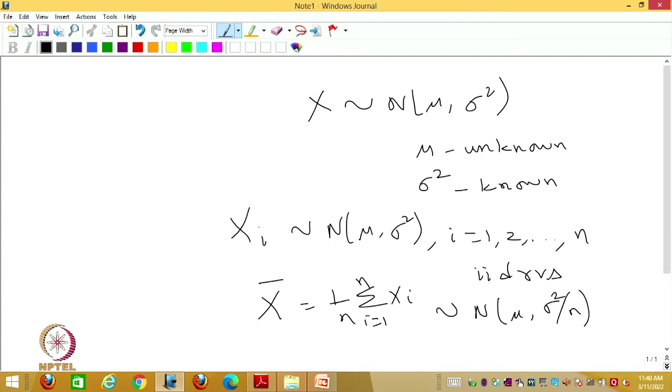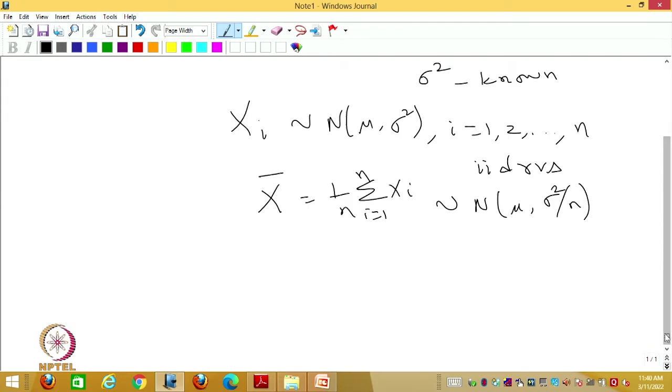Once I have a normally distributed random variable, I can standardize by subtracting the mean and dividing by the standard deviation of x bar. So, this is going to follow a standard normal distribution. Z is going to be a standard normal distributed random variable.